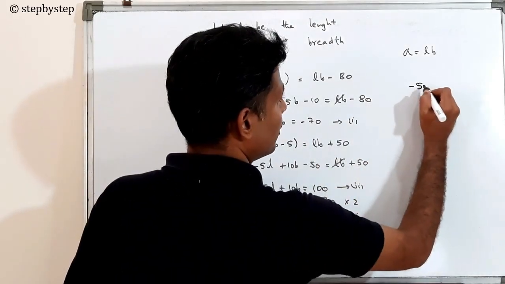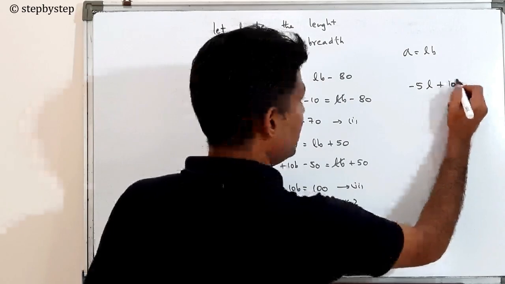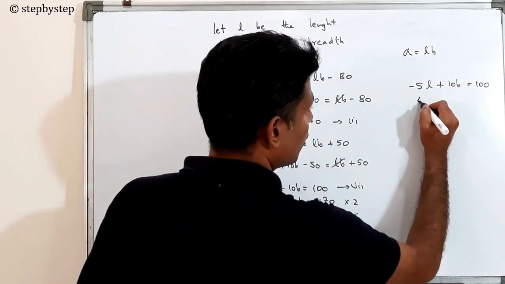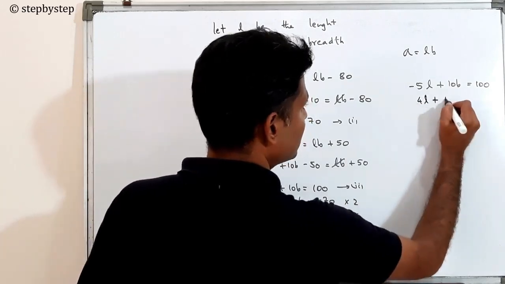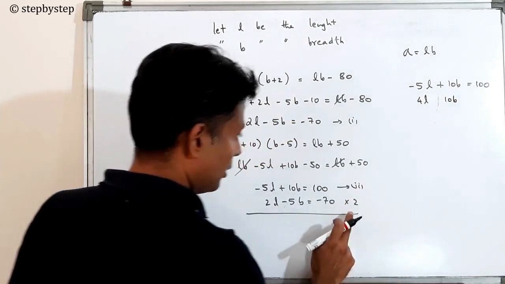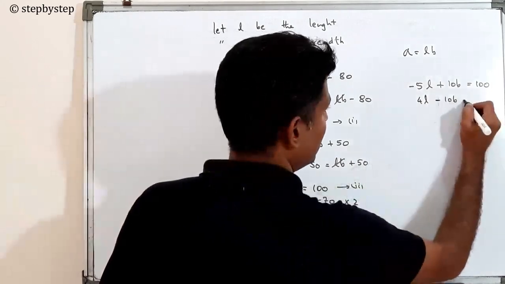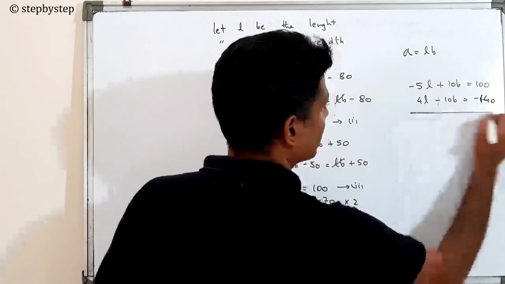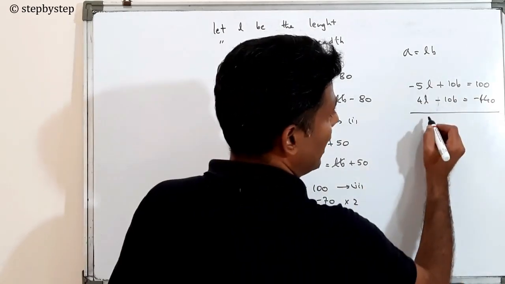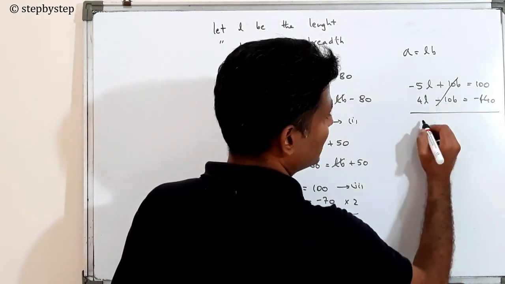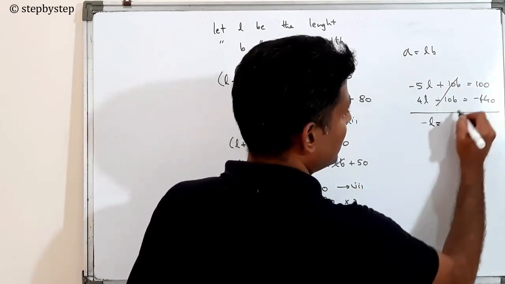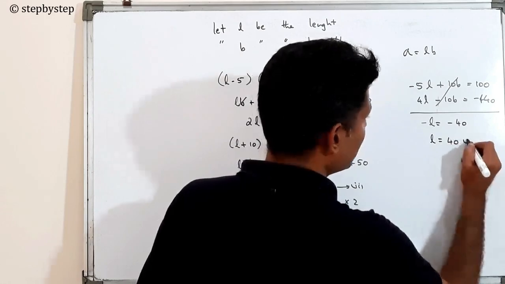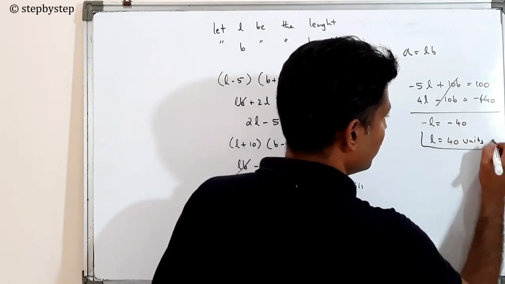Second equation is minus 5L plus 10B equals 100, and multiplying the first by 2, we get 4L minus 10B equals minus 140. Now I'll add these two. 10B cancels, minus 5L plus 4L is minus L, equals minus 40. So L equals 40 units. So we found the length.